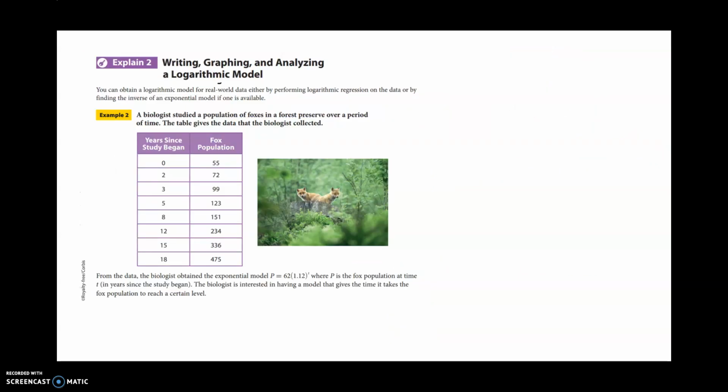Now, here are some things we can do when we're trying to study actual sets of data. So it says you can obtain a logarithmic model two ways. You can do a logarithmic regression, which we get to the same way. We hit the stat button, we go over to calc.